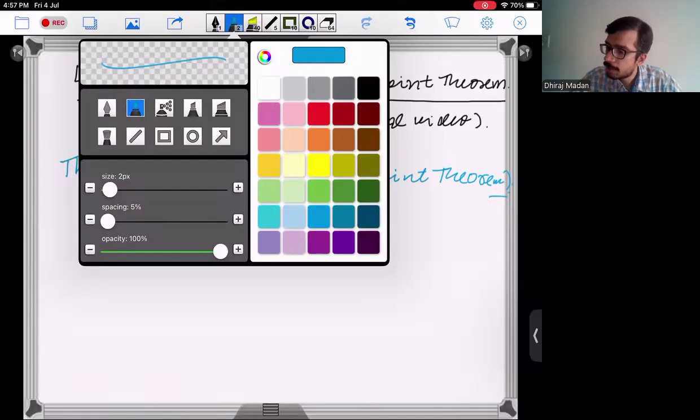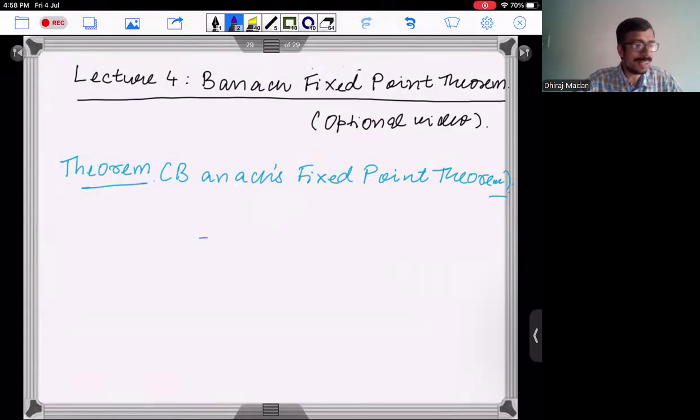Although we have already applied this theorem earlier, now let's see a proof of the theorem. So before going into the proof, I'll again state the theorem formally.